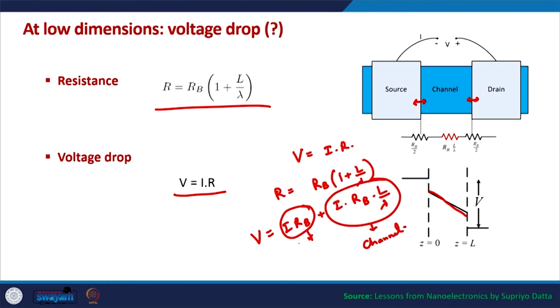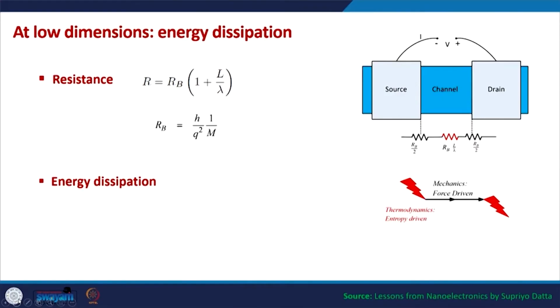So, half of this voltage drop happens on the source contact and half of this happens on the drain contact. As you can see, the contacts are extremely crucial, especially in ballistic transport or nanoscale devices. Similarly, the power dissipation can also be divided in two parts.